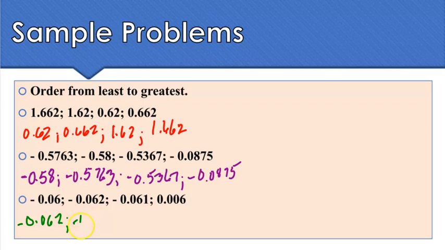Then it would be negative 0.061. Then it would be negative 0.06. And the biggest number would be positive 0.006. So that's our lesson on comparing and ordering decimals.